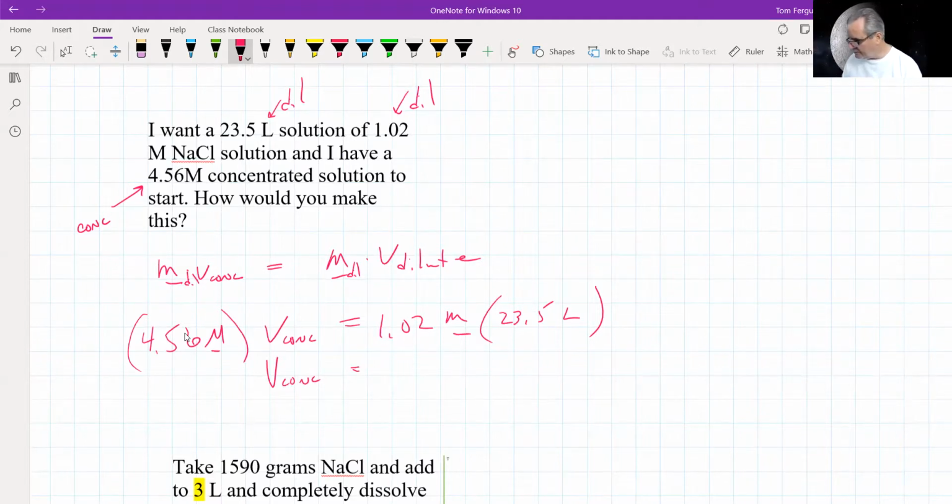That's going to be 1.02 times 23.5 divided by 4.56. The volume of the concentrate is 5.26 liters of the concentrate.